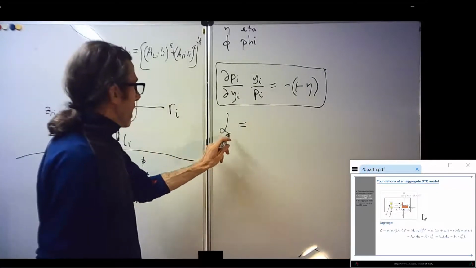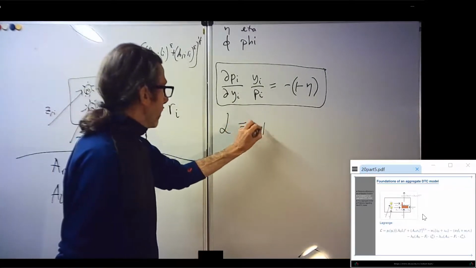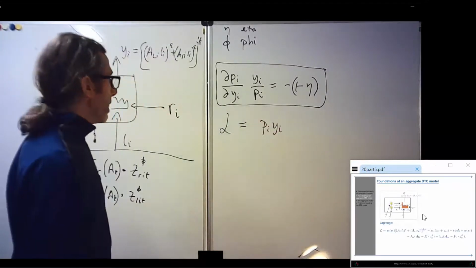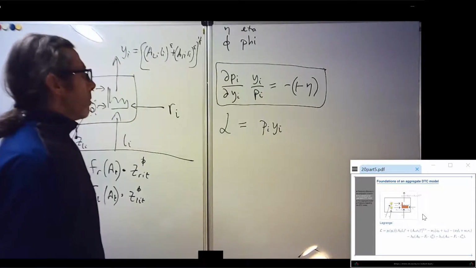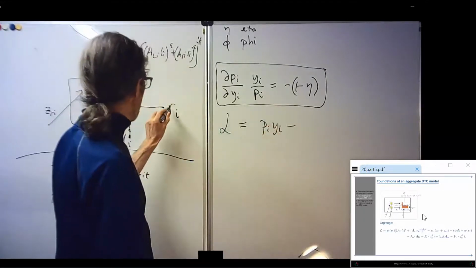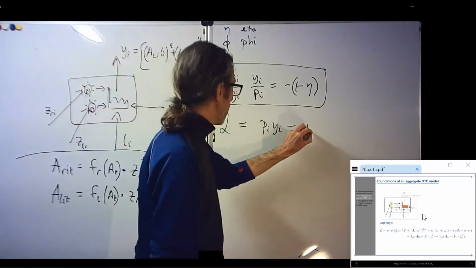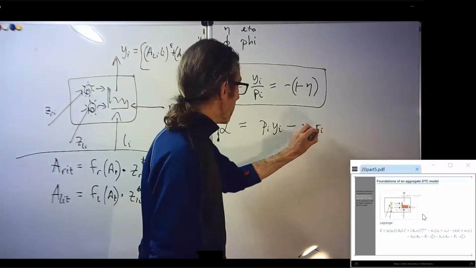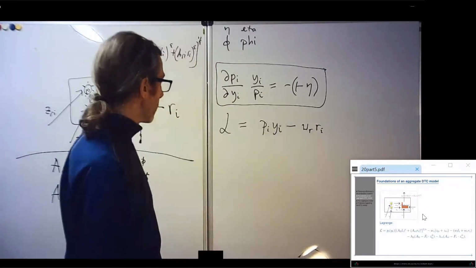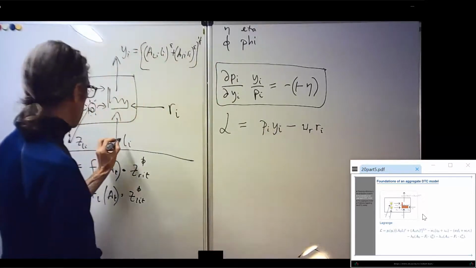So L is revenue of the firm, PI, YI, minus costs. What are costs? They are WR, RI. Notice no I on WR, because this is the market price. And WL, LI.